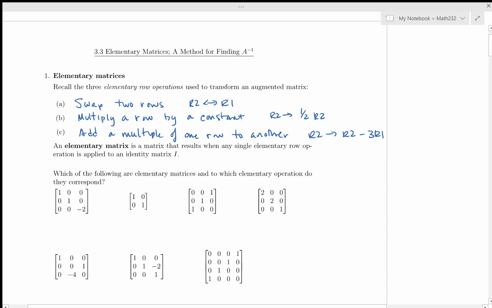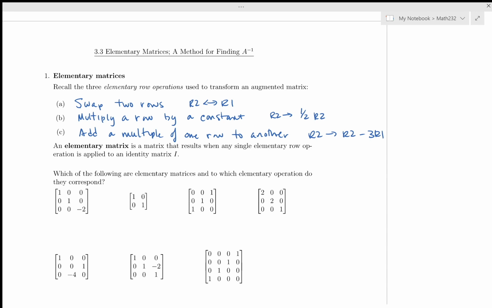Now we know these row operations. What we're going to do is recognize that we can actually set up a matrix such that when we multiply our matrix A, for example, the coefficients of our linear system, by what we're going to call an elementary matrix, which captures one row operation in a matrix, it will affect the row operation on the matrix.